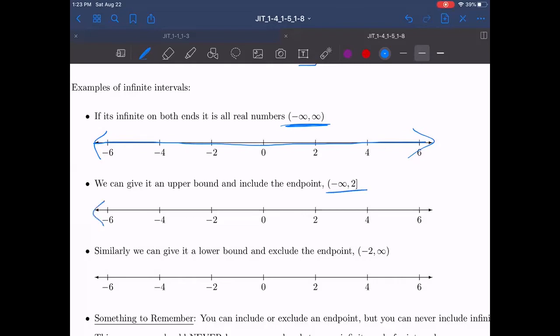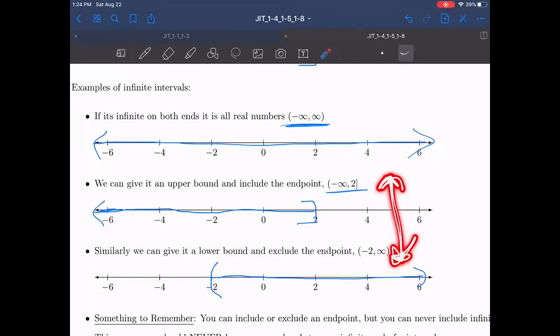So it goes from negative infinity all the way up until positive 2, which gets included. Or we can give it a lower bound. We can also exclude it. So if we're not including negative 2, then everything above it until positive infinity. And these two cases can be switched as well. We can not include upper bounds and we can include lower bounds.